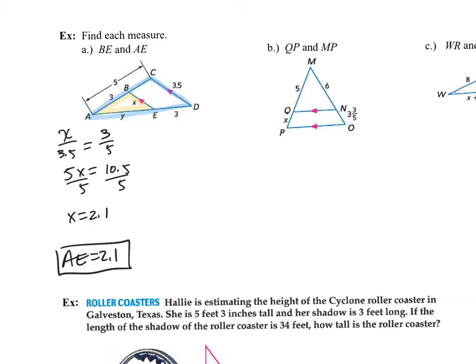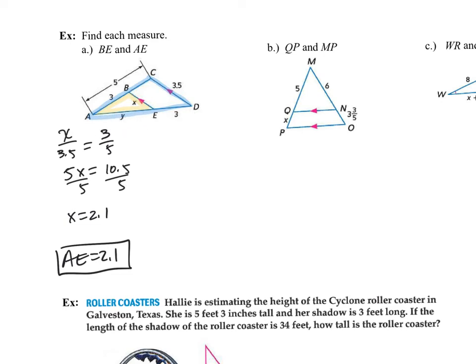Okay, so now let's see if we can find y. So again, we're going to write a proportion involving y. So this time, let's take the ratio of a side of the yellow to the corresponding side of the blue. This side of the yellow triangle is y. The corresponding side in the blue triangle is this whole thing. So use your segment addition postulate, and that would be y plus 3. So in other words, we're going to take the ratio of y to y plus 3.